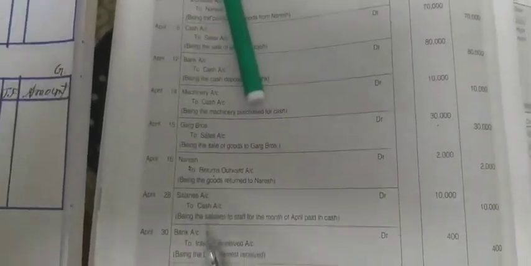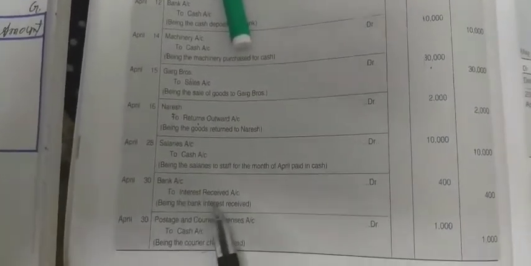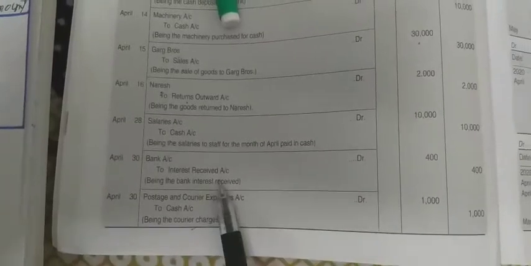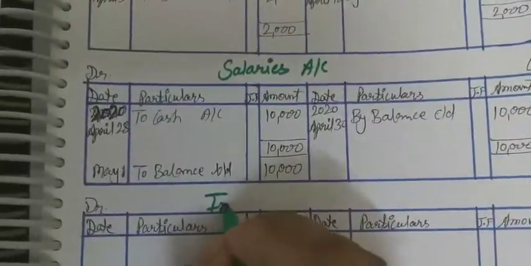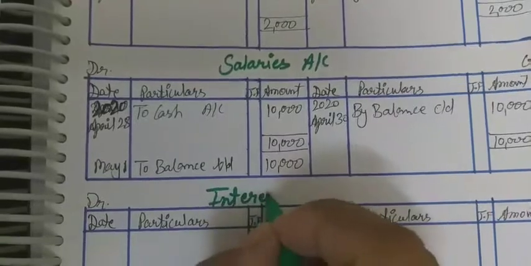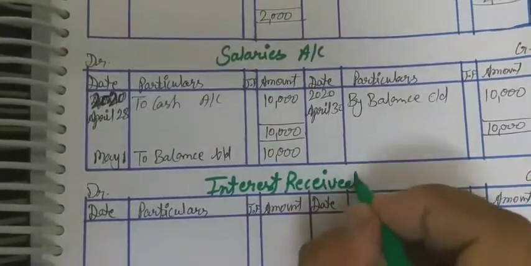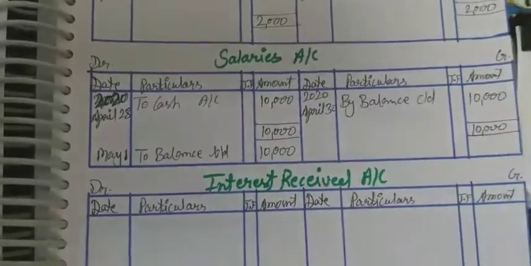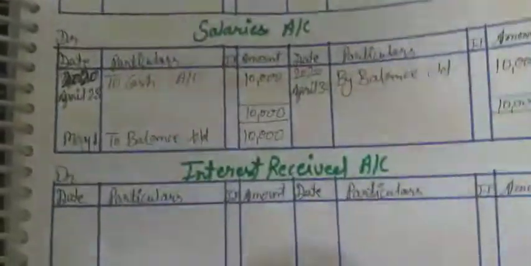After this, the salary account is prepared, cash account already prepared, bank account too. Now the interest received account with rupees 400 and with the bank account. According to this, interest received account is credited with the bank account on April 30.